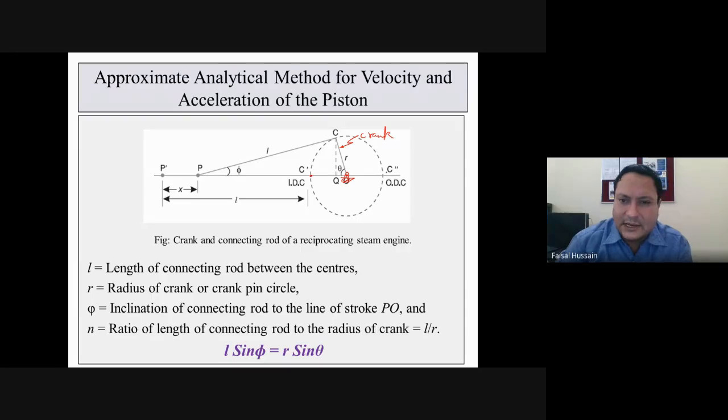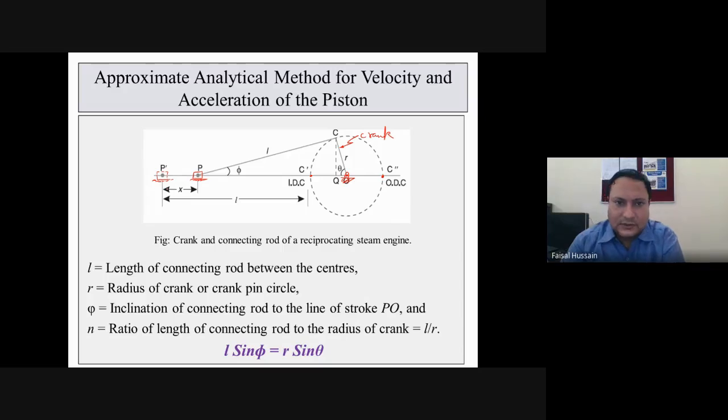This point is IDC and this point is outer dead center. And this is the connecting rod. For example, here the position of the slider is this, and after a certain instant the position of the slider is like this. So this is the displacement of the piston or slider.